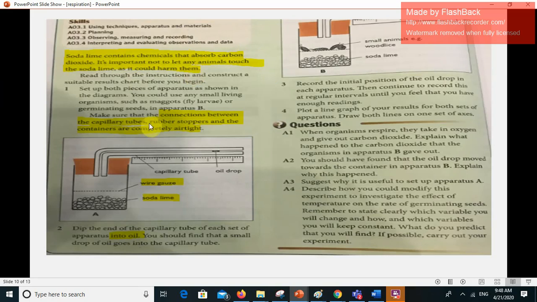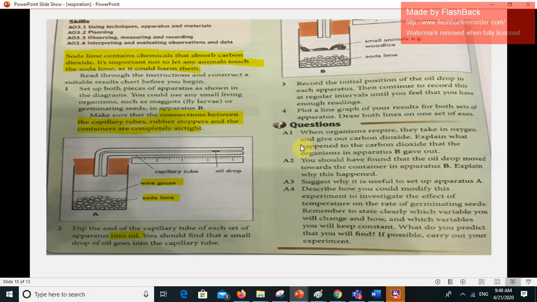It is very important to keep the soda lime away from the wood lice. That's why here we have a wire gauze in order to hold the wood lice above the soda lime in order not to get them in contact with each other, because soda lime is harmful to these organisms, so they may die and our experiment won't work out, so no respiration can happen.